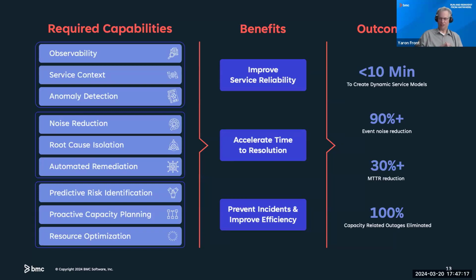You need service context because nobody outside of IT cares about the infrastructure. They care about the services because that's how we do business. You want to be able to automatically detect anomalies. Now, people think, okay, fine, anomaly detection, why is that important? It's crucial.